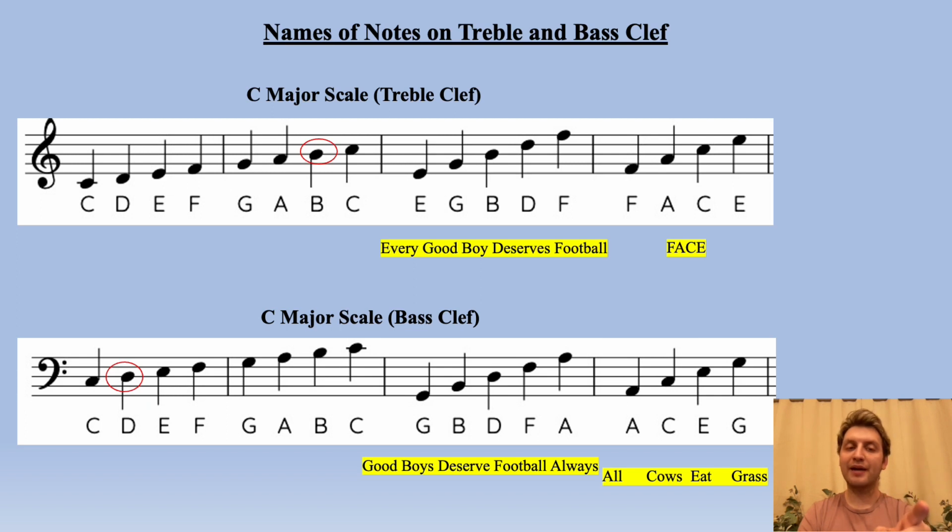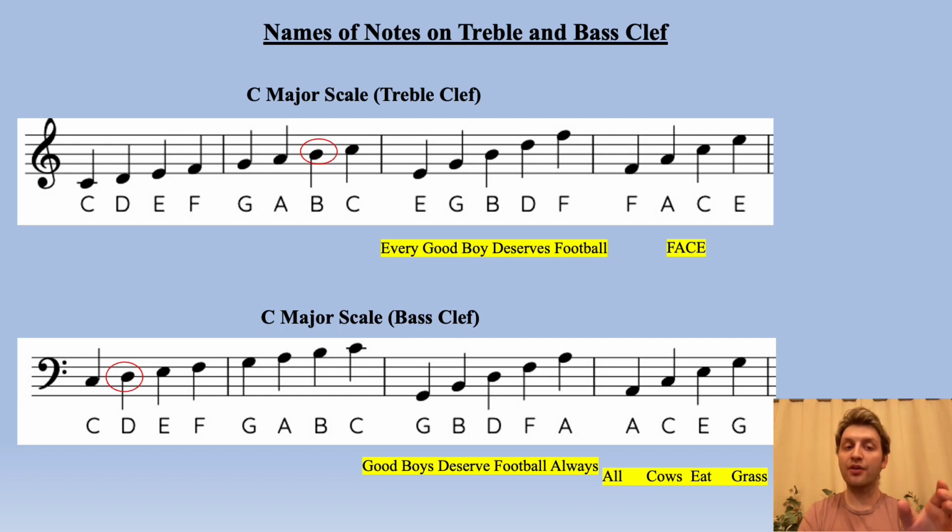The reason why I've circled in red B on the C major scale in the treble clef is because you'll notice that is when the stem is going down, and that is on the third line of the stave.